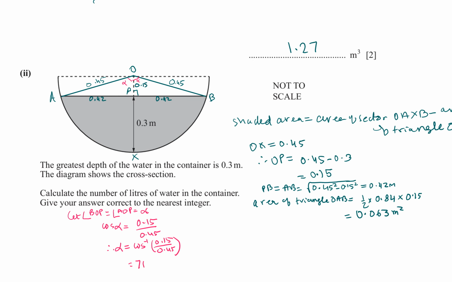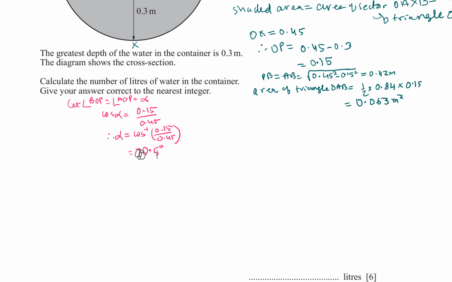So that is 70.5 degrees. So then we get 2 alpha is equal to 141 degrees.